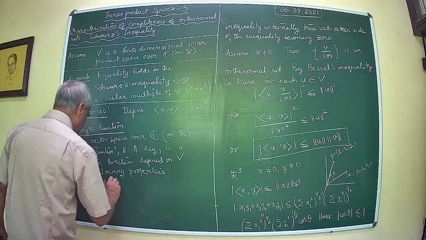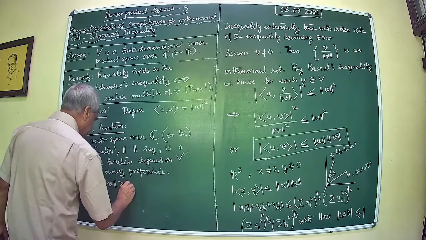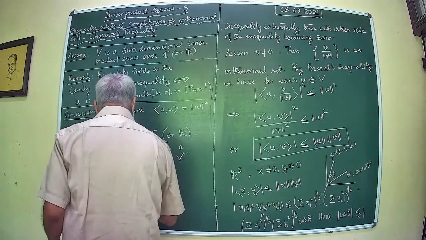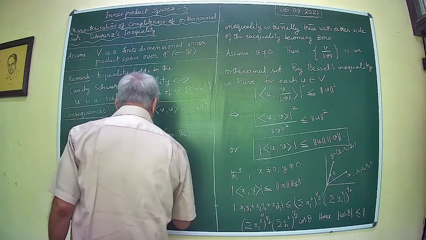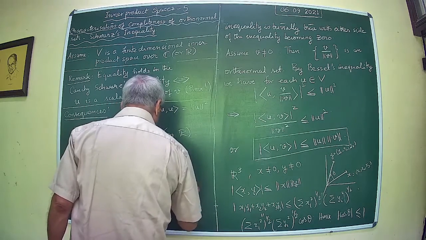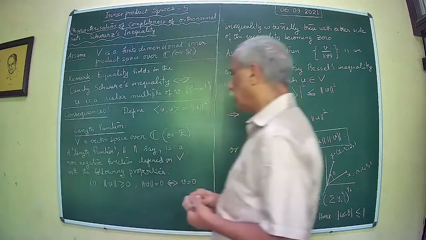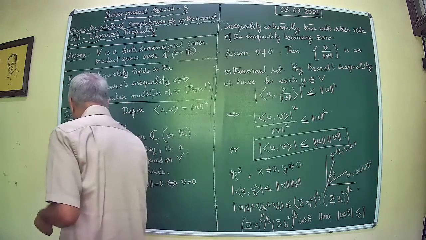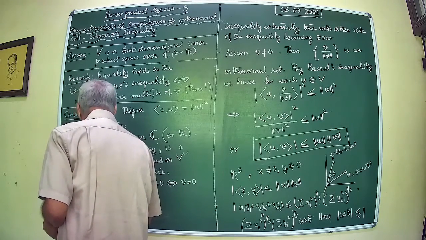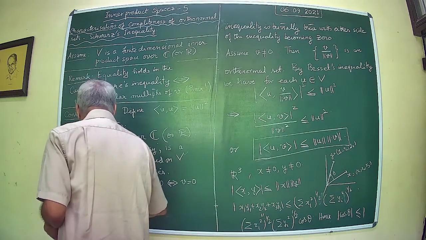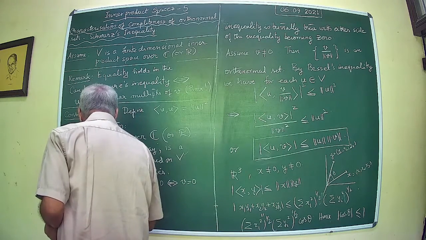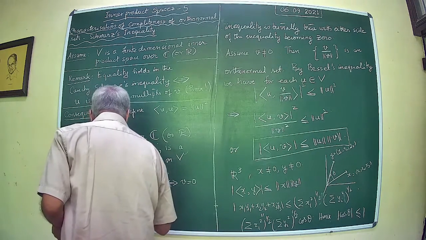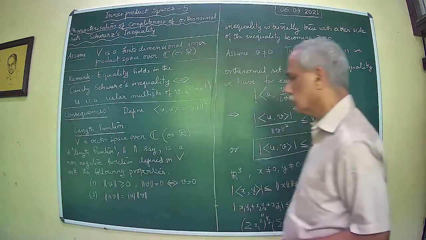One, norm of V, this is what we have said, it's a real number, and norm of V equal to 0 only when V is 0, that means all non-zero vectors have positive length. Two, norm of alpha V will be quite clear.